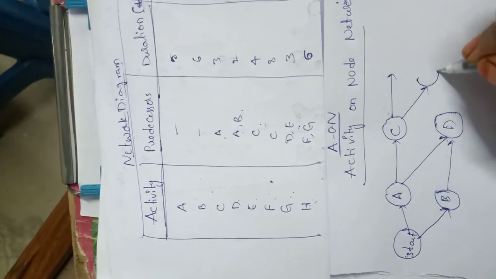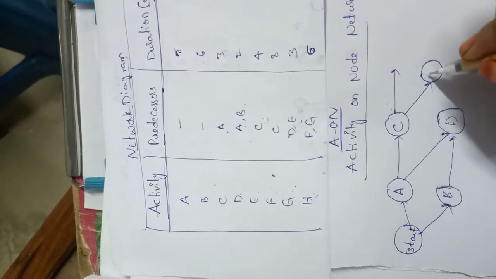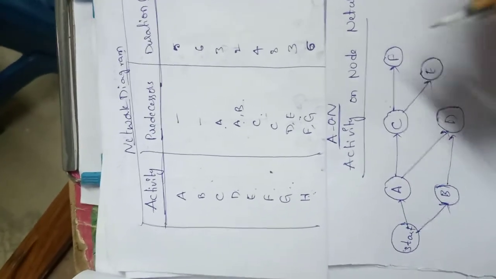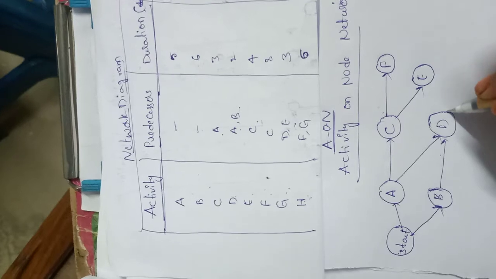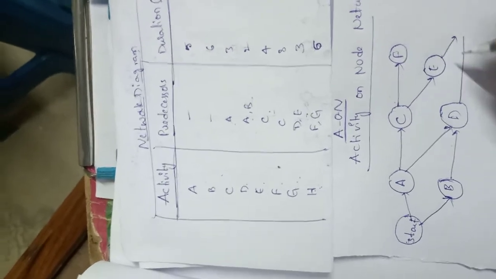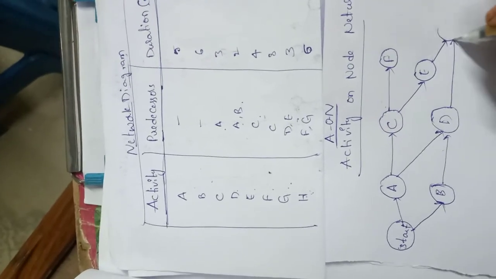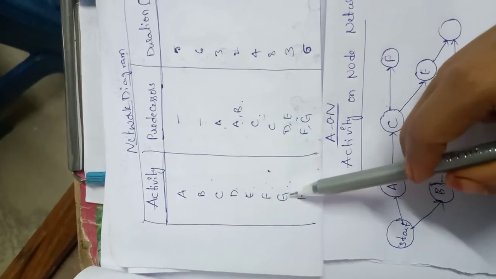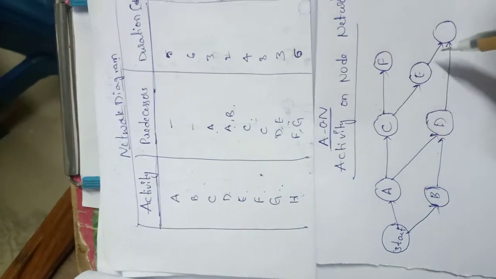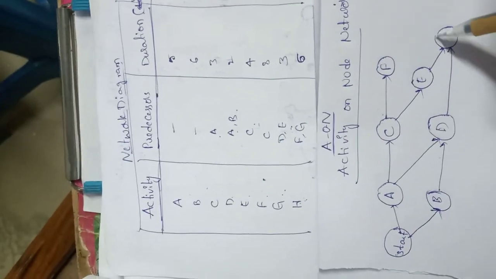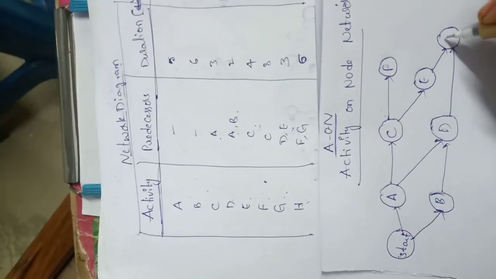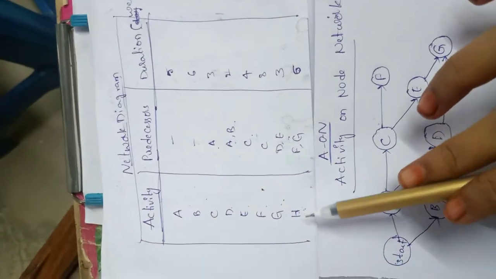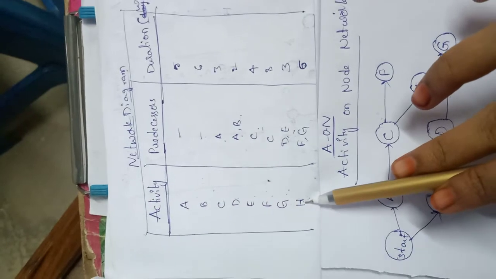So here I'll be taking the activity E and this is F. So now I can easily connect activities D and E to one more node, because G will be having D and E as predecessors. From D and E I'll be having this node. That node is G.